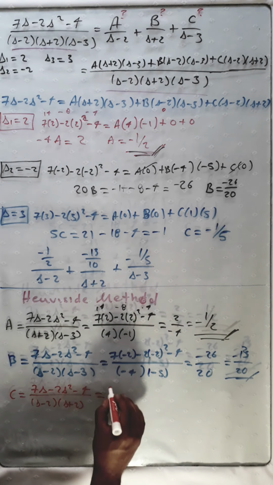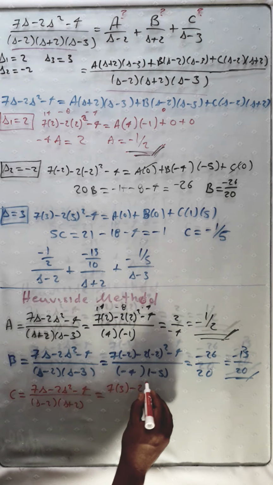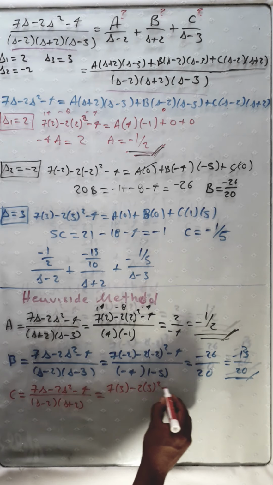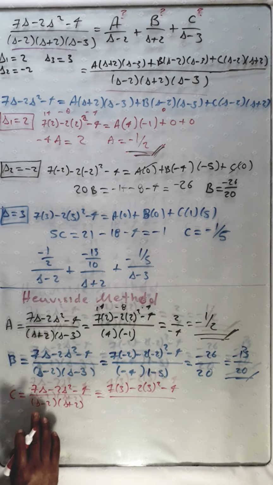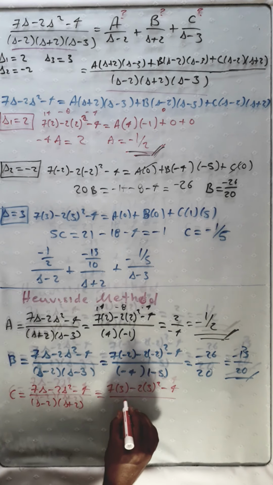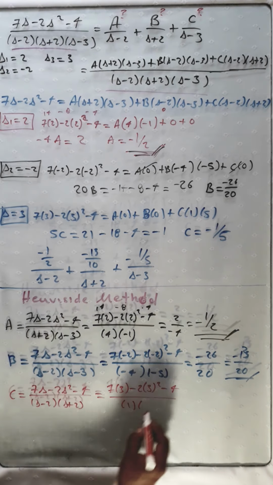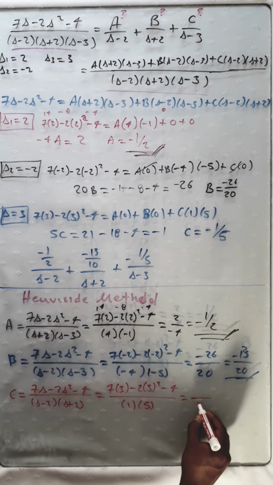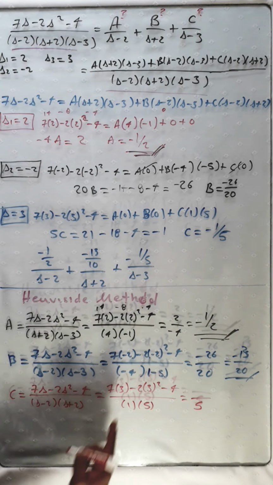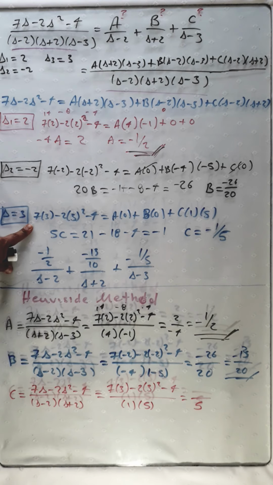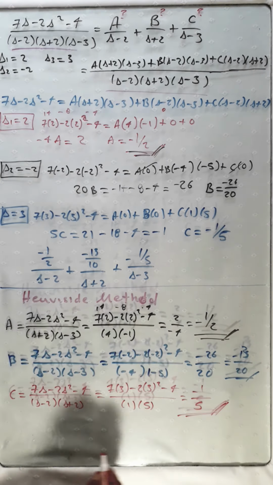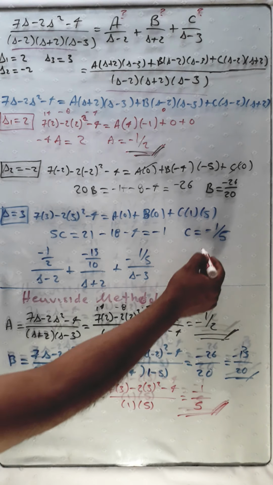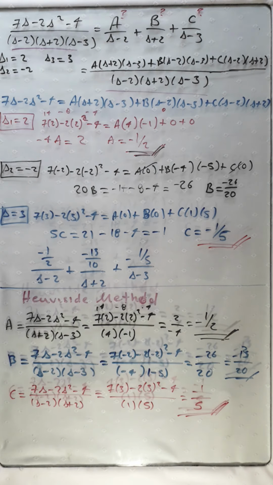So it's going to be 7 times 3 minus 2 times 3 squared minus 4 divided by, here is going to be s equals 3. So 3 minus 2 is just 1, and 3 plus 2 is 5. So it is divided by 5, and this number is actually this very same number, so that is equal to minus 1. So it is minus 1 over 5, which is the number that we just calculated here.